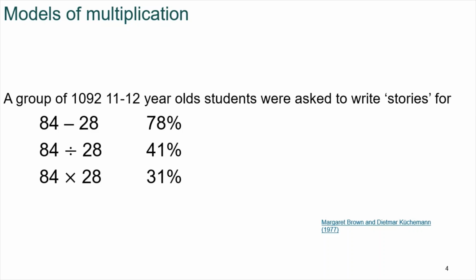Students found it harder to understand and contextualize multiplication than division. It might be useful to consider the role that the research is playing. In my experience, most teachers believe their students will perform better than this.